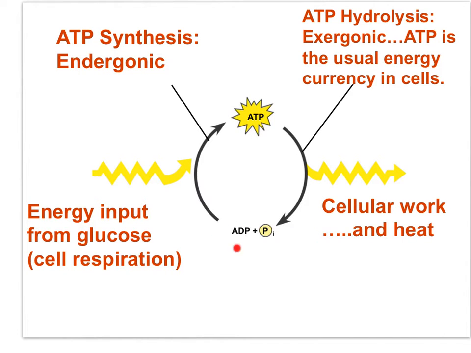The remaining products from the breakdown of ATP, which are ADP and an inorganic phosphate known as Pi, are then put back together by cell respiration in the endergonic reaction. The endergonic reaction requires an input of energy to put the ATP back together, and that comes from the organic molecules available to the cell in the food that you eat or in the glucose that's produced through photosynthesis in a plant cell.